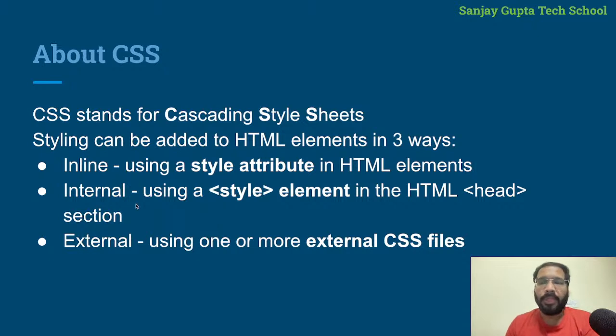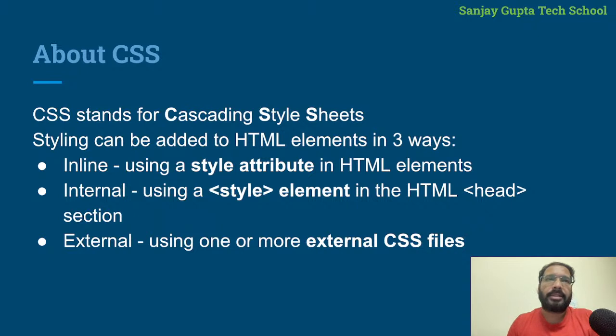Now, if you have implemented a particular element, for example a p tag, more than one time, and you want to apply a common CSS for that particular p tag, you just need to implement the internal CSS.